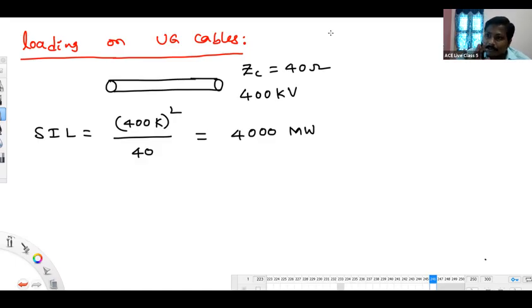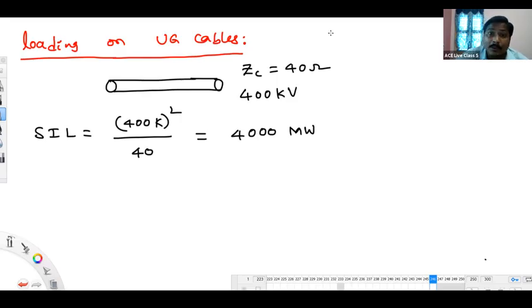If you are attempting to keep the loading equal to SIL, how much power do you have to transmit through the cable? 4,000 megawatts. It's a highly impossible case. Sending that much power, the cable is definitely going to experience thermal damage.